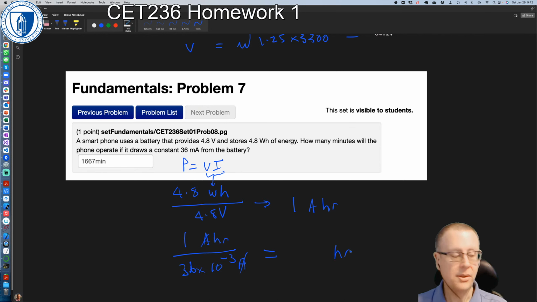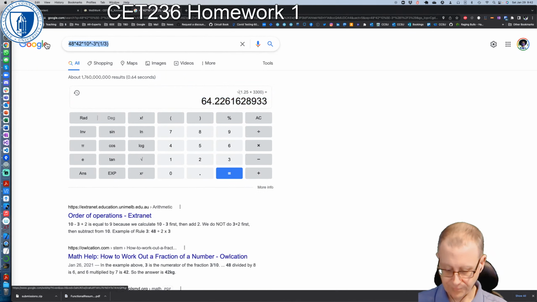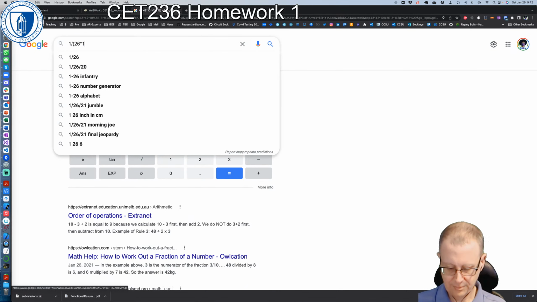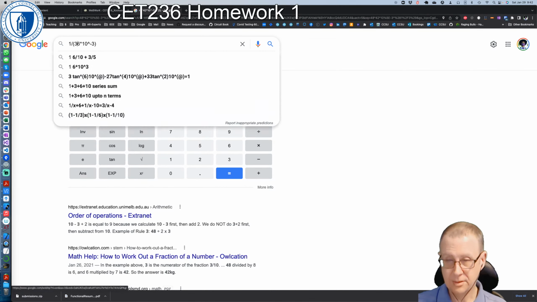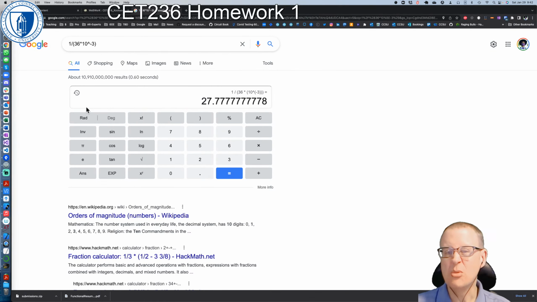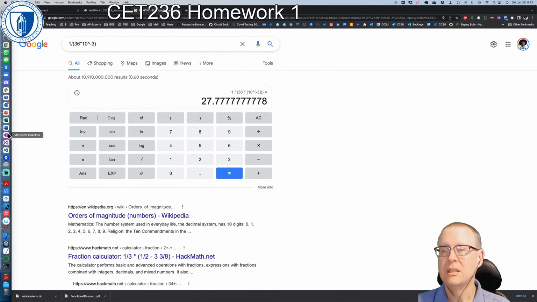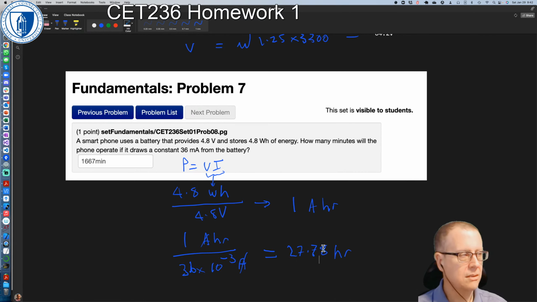So let's just do 1 on 36 by 10 to the minus 3 back here. 36, not 26. Right, so that's 27.7 recurring hours. And I'm going to use my four significant figure intermediate result.